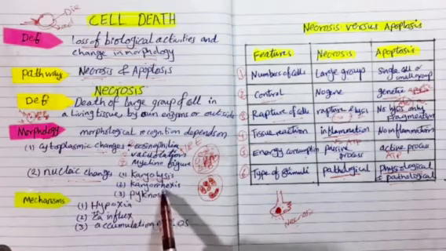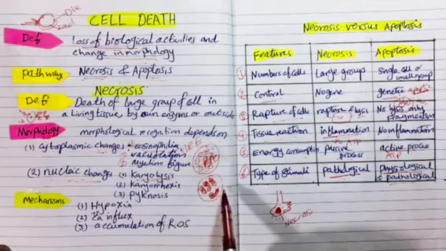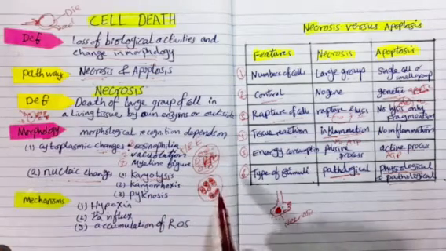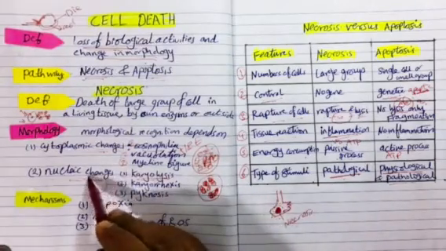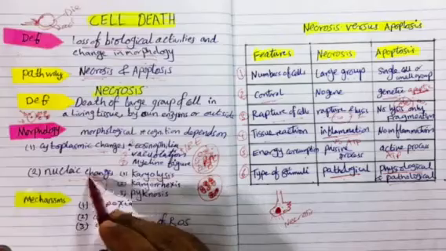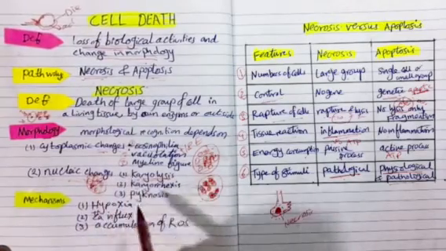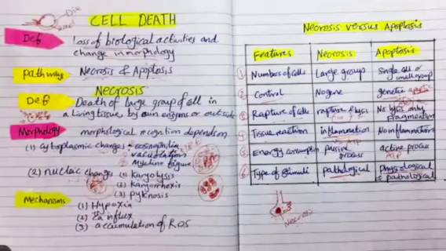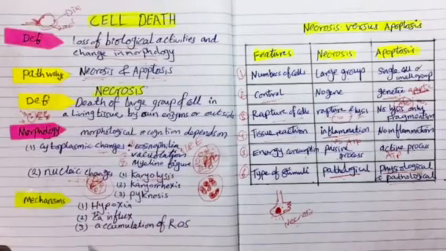Number 2, karyorrhexis. What does it mean? It means fragmentation of the chromatinic material. If this is a nucleus, it will be fragmented like this, so it will be more than one part. This is the cytoplasm. Karyorrhexis is fragmentation of the chromatinic material.